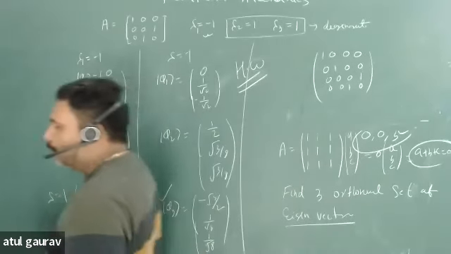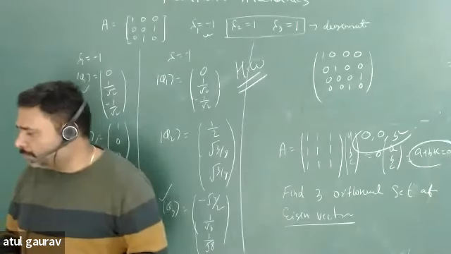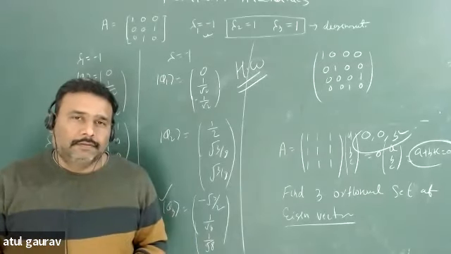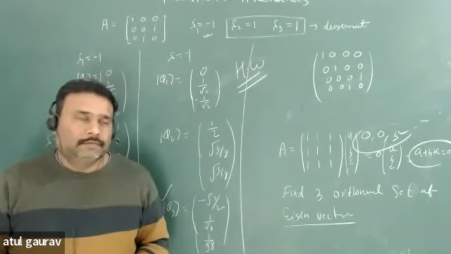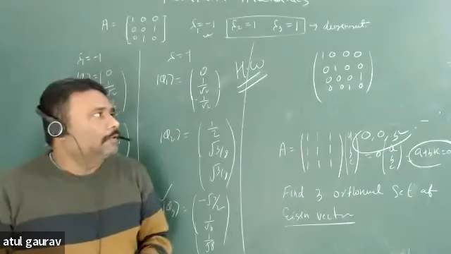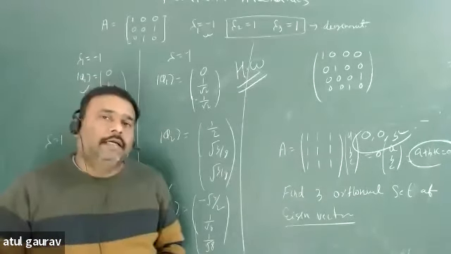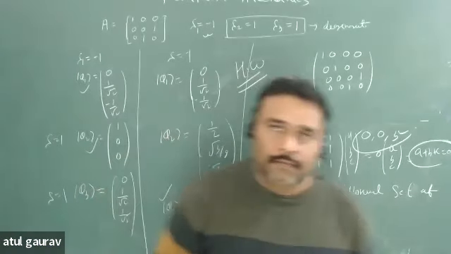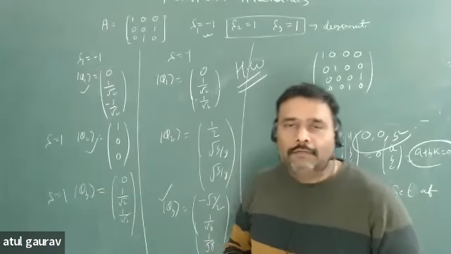So here one eigenvalue will be triply degenerate. If you solve for the eigenvalues, you can easily solve it and you will get that one will be triply degenerate. Then what will you do?